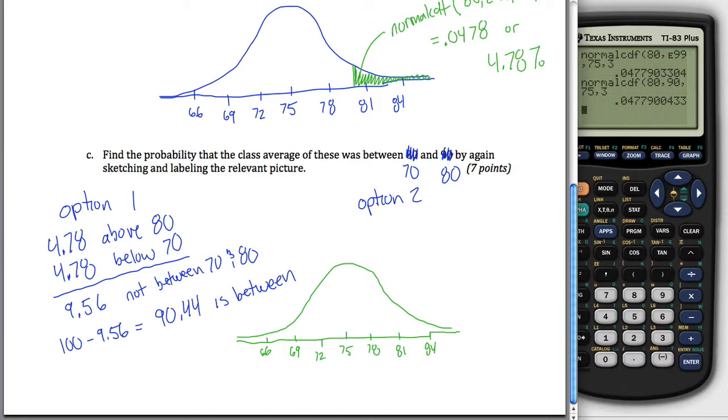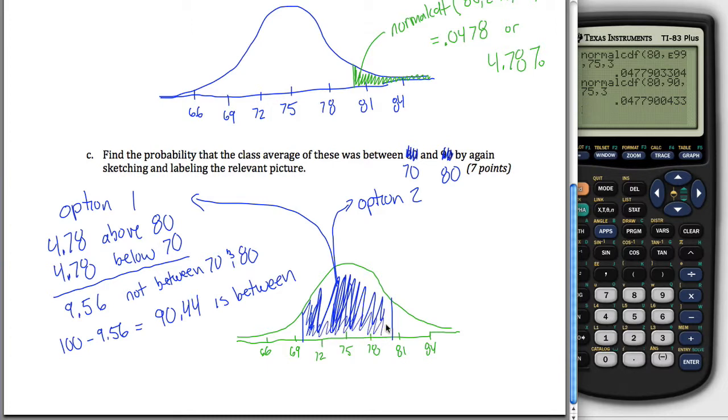But option two, the way I envisioned you figuring that out, is you'd say, all right, 70 is right here, and 80 is right here. So to find this area, I can either do this, or I can do this.